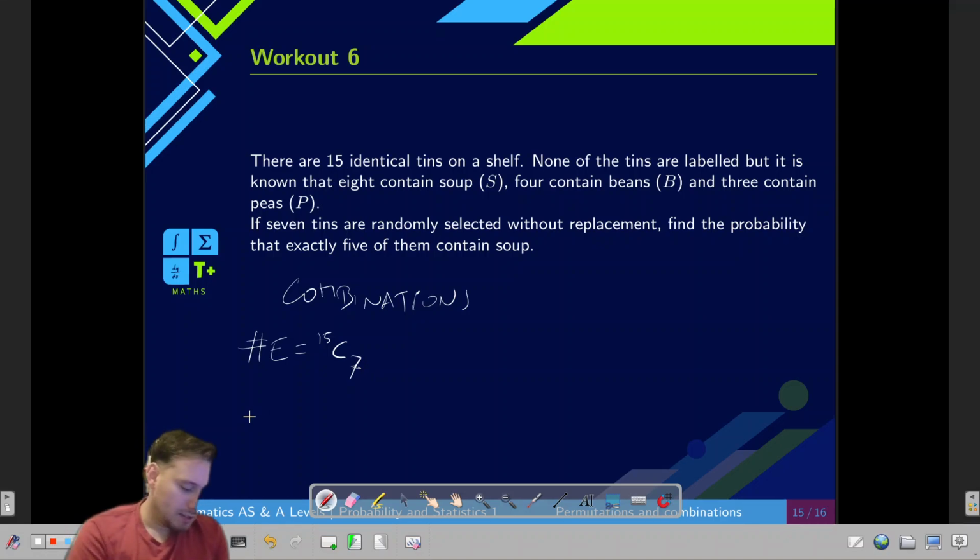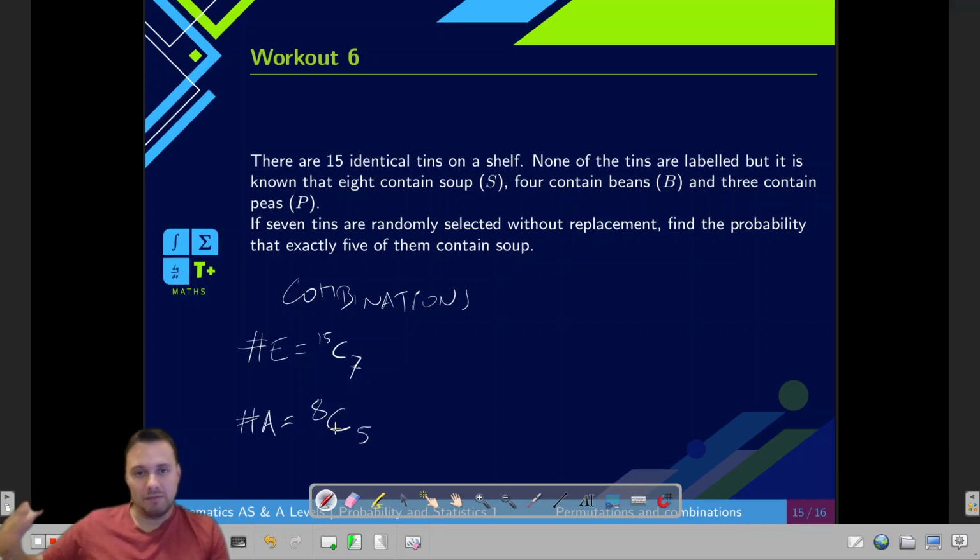Now let's think about the cardinality of what I want. What do I want? Well, I want exactly 5 to contain soup. So my question is, how many of the 15 cans contain soup? Well, 8. So of the 8 that contain soup, I want exactly 5. And then I need to think of the remaining cans, because my selection consists of 7 cans.